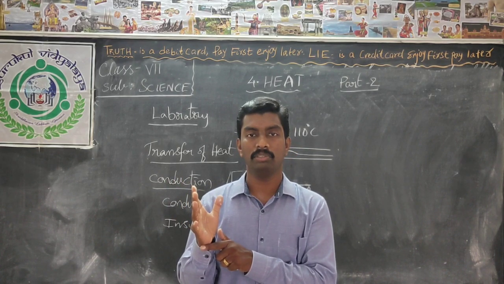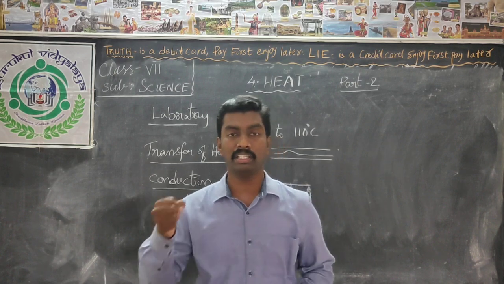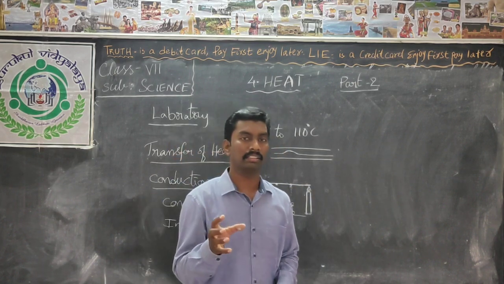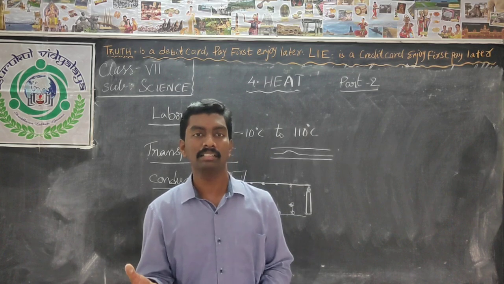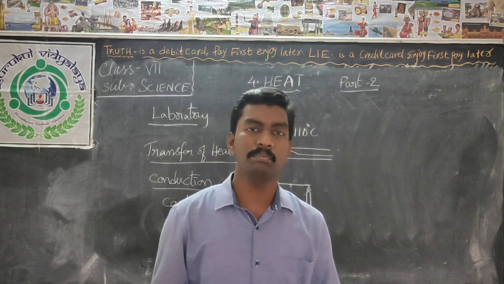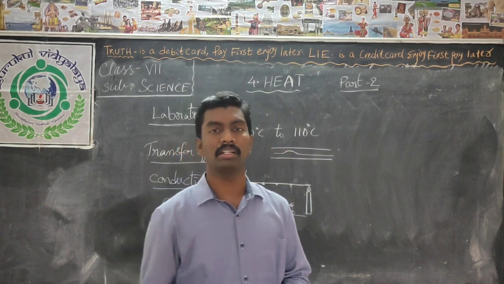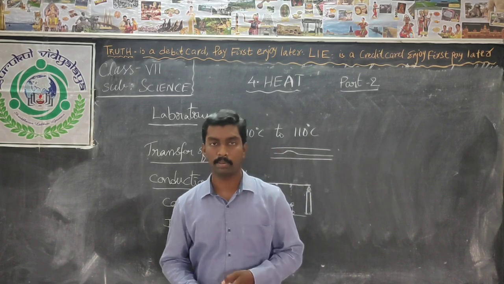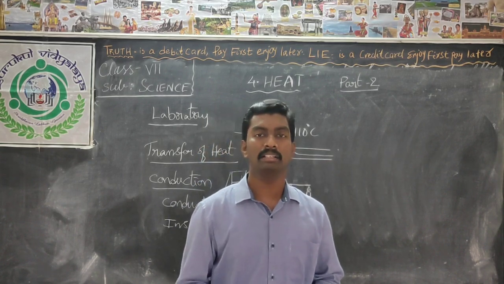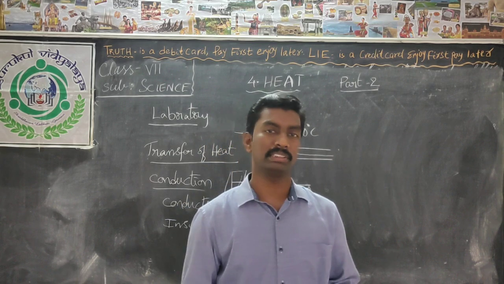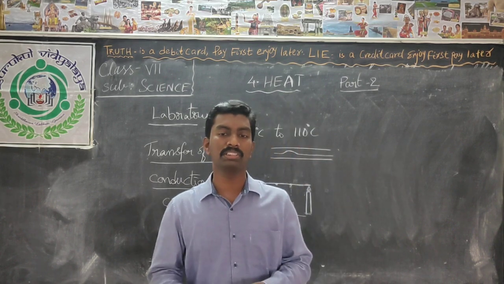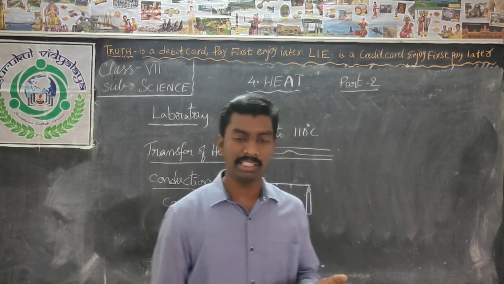So that's why plastic and wood are generally the substances used for utensil handles, cooking pan handles. Why? Because those are insulators. Do you understand, children?